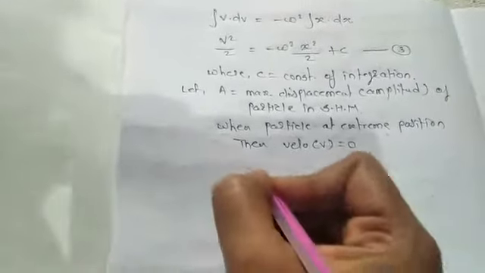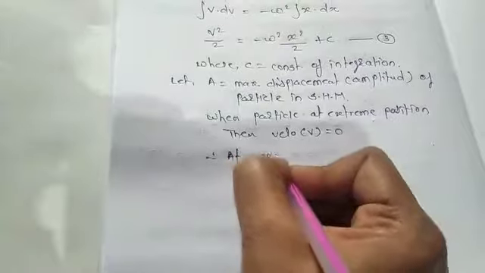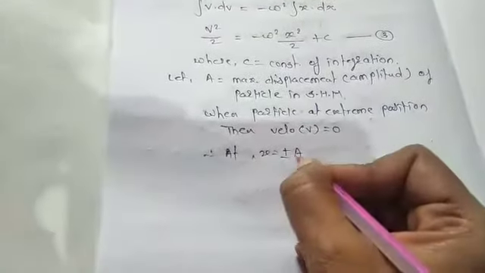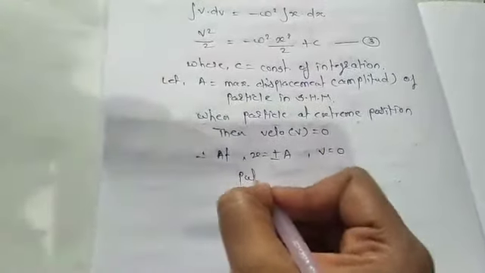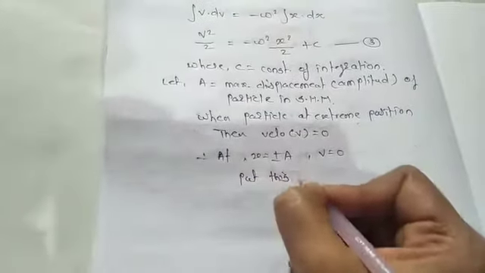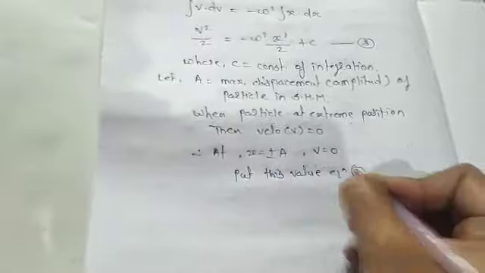Therefore at x is equal to plus or minus a, that is the maximum displacement, that is nothing but the amplitude, v is 0. So put this value in equation 3.